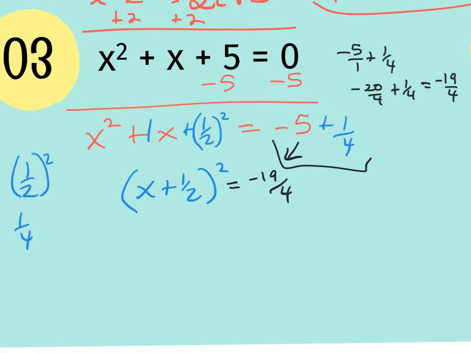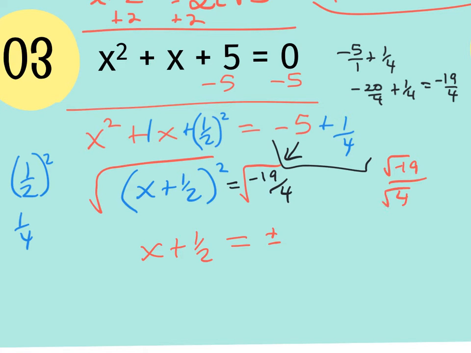Now I apply the square root method. Square root left side, square root right side. The left side, just the x plus 1/2 comes out. When I square root this side, I get plus minus. Now I can square root the -19 and the 4 separately. The square root of -19 becomes i square root 19, and the square root of 4 is 2. So that's what I'm going to put here.